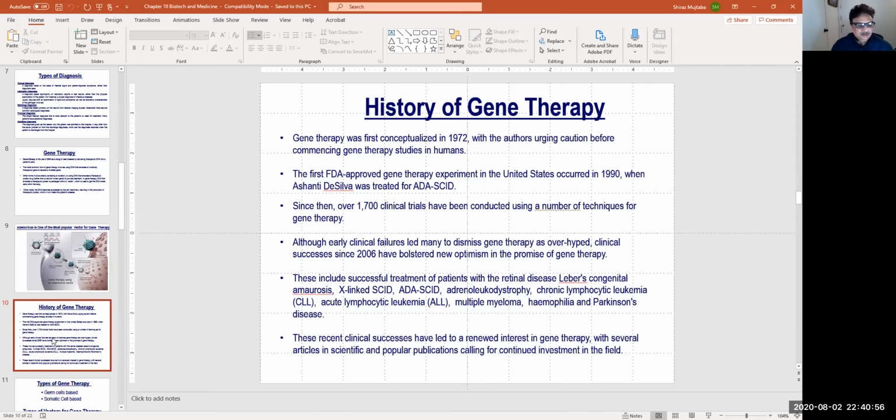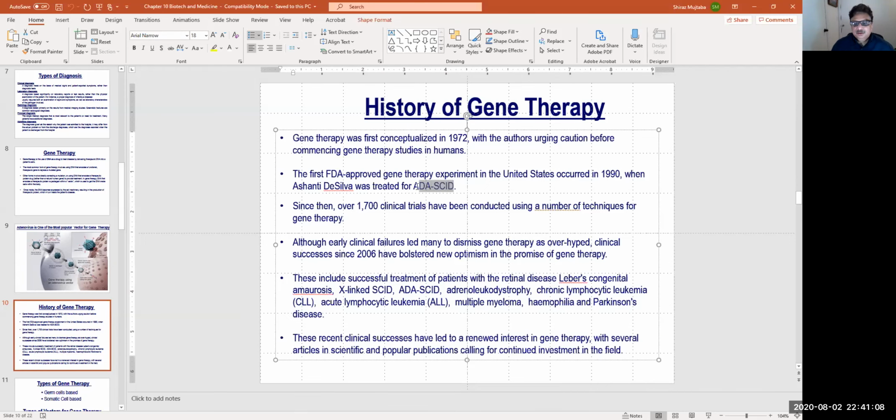Gene therapy is not very old, and there are successes in gene therapy, particularly in blood cancers, and in a disease called SCID, where patients have problems fighting infections. They lack one enzyme due to mutation.